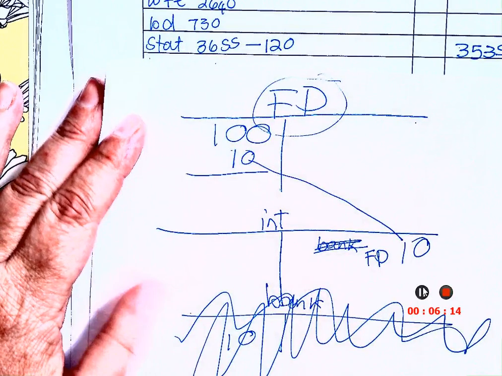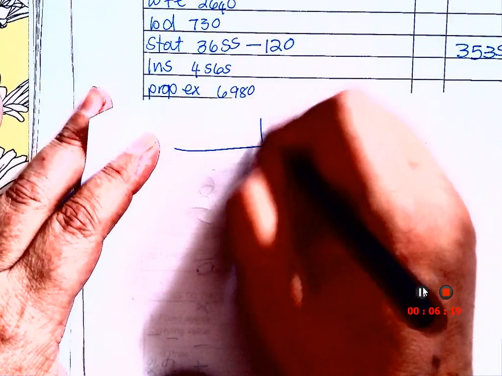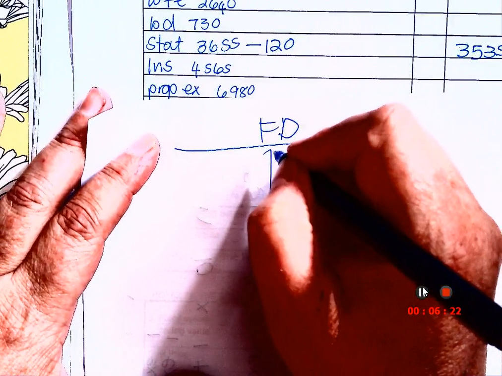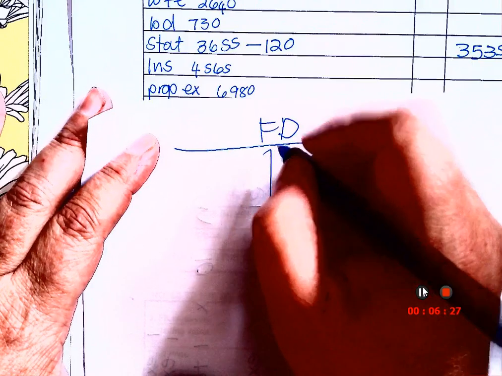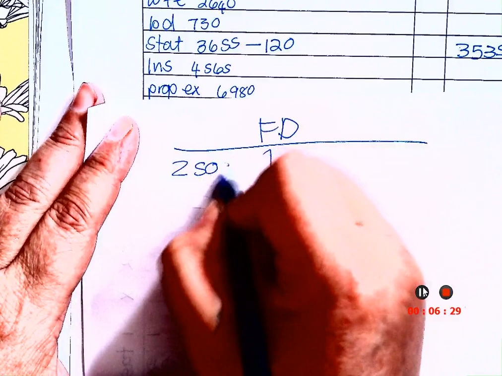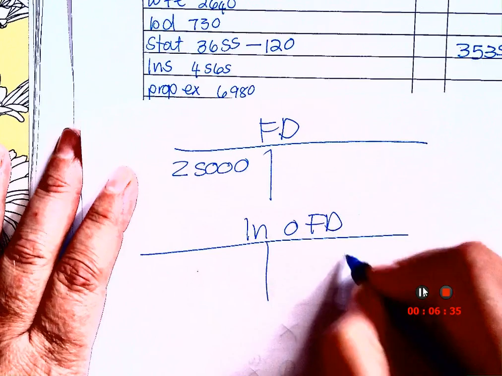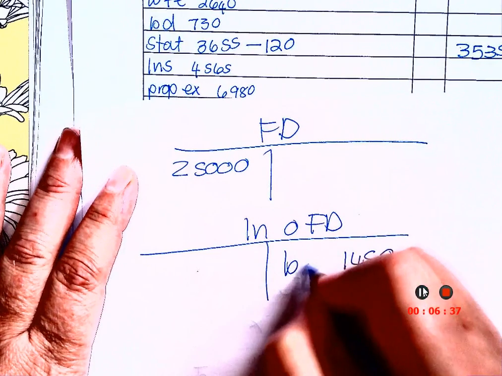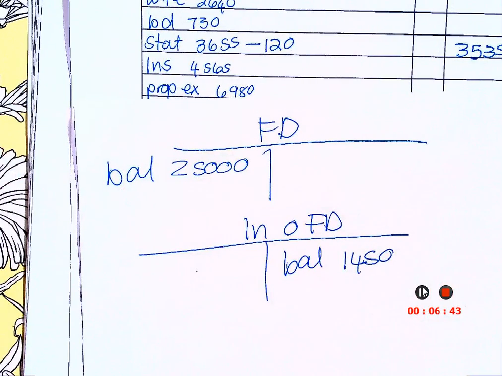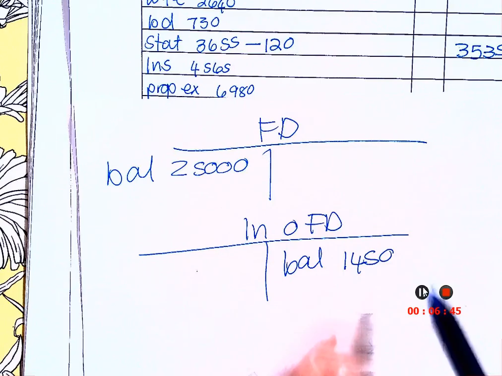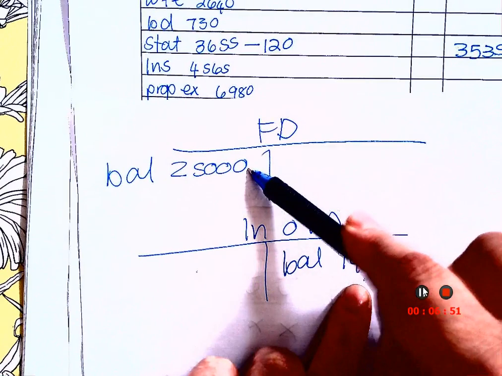So what they told me here is I have a fixed deposit of 25,000, and I've got an interest on fixed deposit of 1,450. This is my two balances. Because they say it's reinvested, and because I already got this balance here, it means that 1,450 is included in that 25.